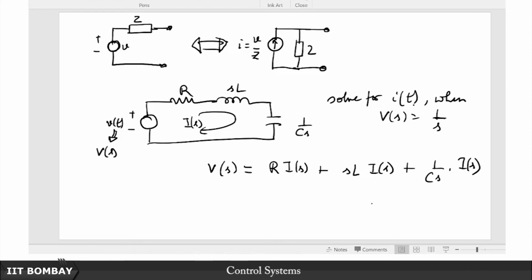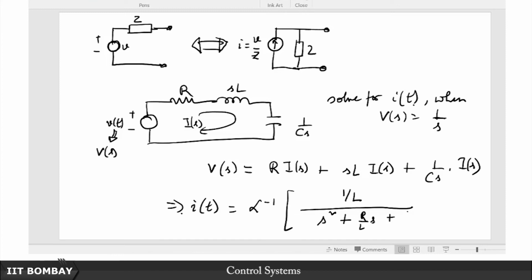After a bit of algebra, you immediately come up with i of t as the Laplace inverse of the following term, and you will see in a moment why I am writing it in this fashion. It is just 1 by L over s squared plus R by L s plus 1 over LC.